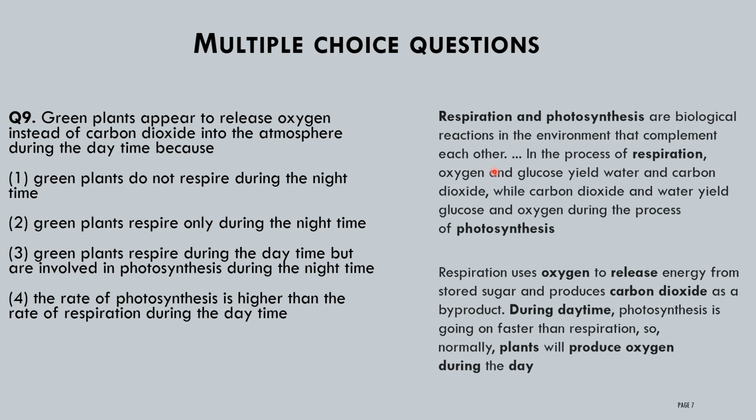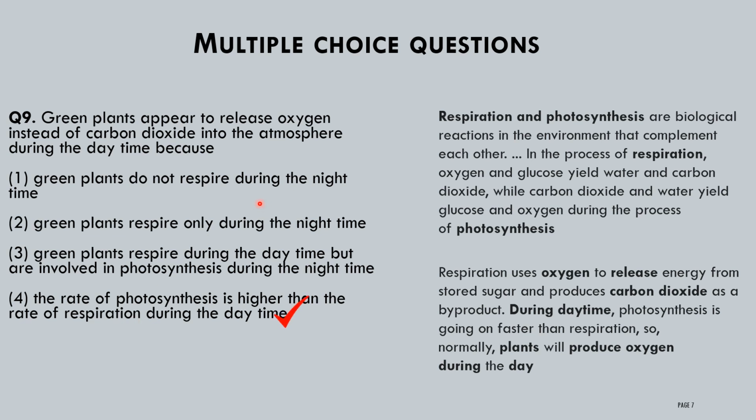During photosynthesis, plants use more carbon dioxide and release oxygen. Therefore, during the daytime, it appears to us that plants release more oxygen compared to carbon dioxide. That is the reason: the rate of photosynthesis is higher than the rate of respiration during the daytime, because the sun is available.